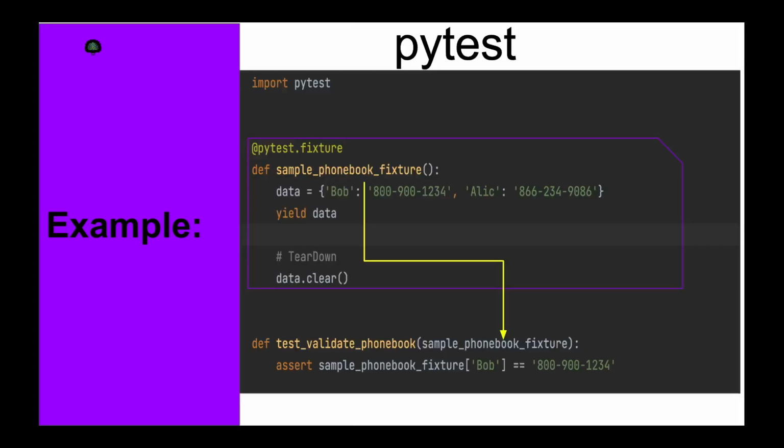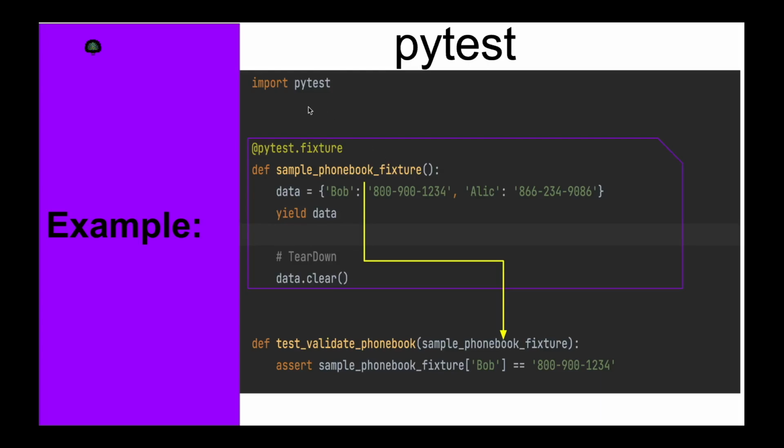Here I'm giving just a high-level view. Here it is importing your Pytest library, and then you define a function called sample phone book fixture. I'm just using a dictionary here, not a database. I will explain the database in the next example or different examples.